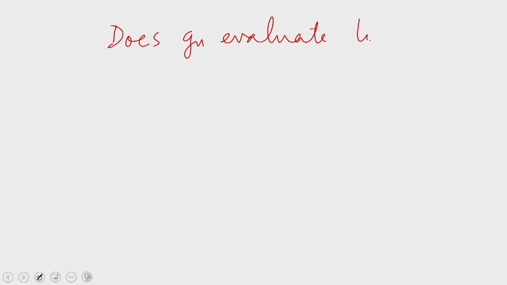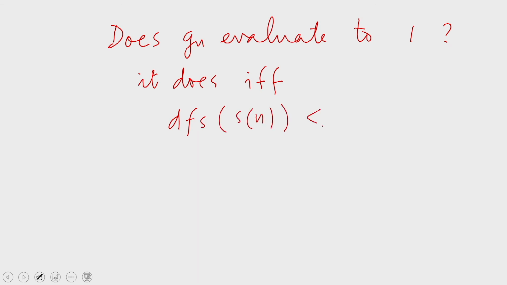Does Gn evaluate to 1? This was our question. What we find is that this happens if and only if DFS of S of n is less than DFS of T of n.